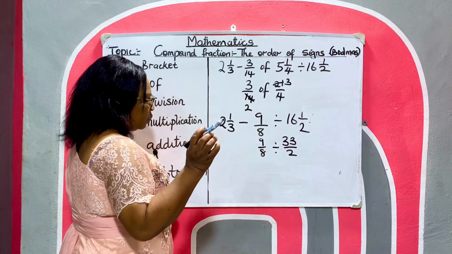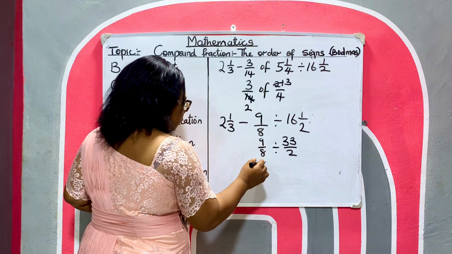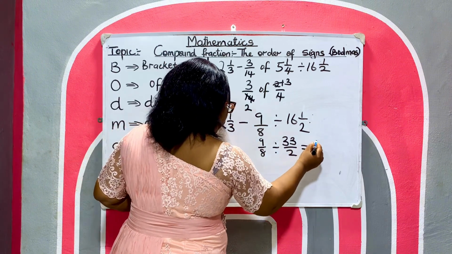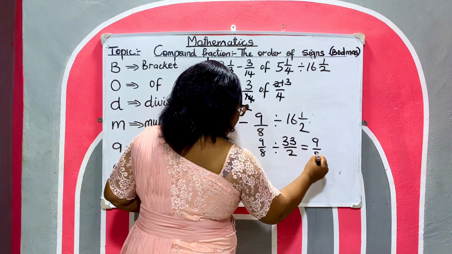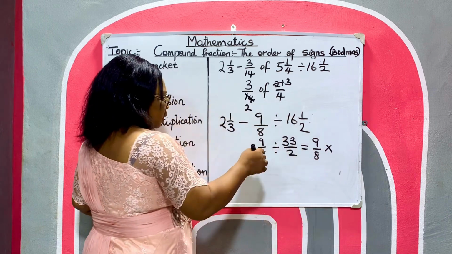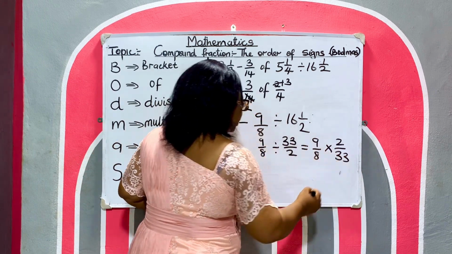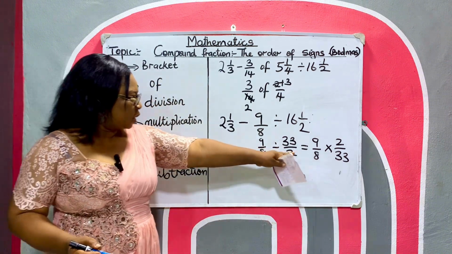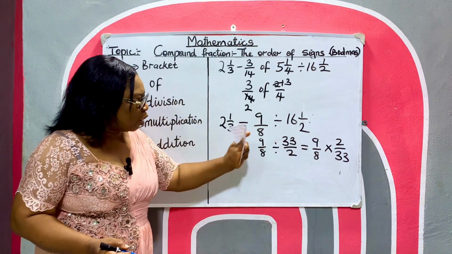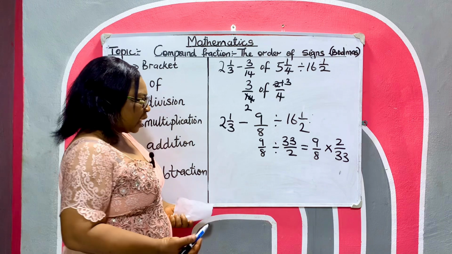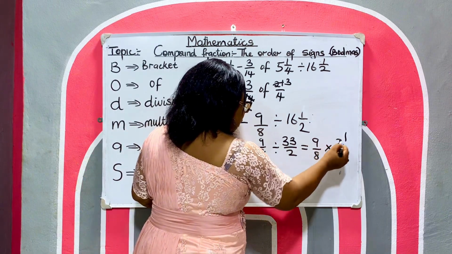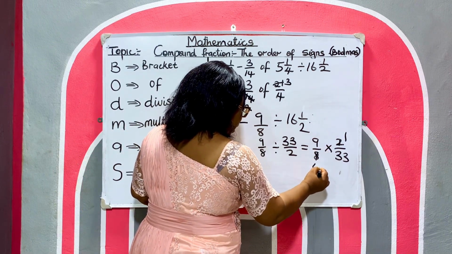Remember, we are going to turn. So when we turn, we have 9 over 8 times, you turn this, 2 over 33. So at this point, you look for what to divide up and divide down. I can see that 2 can divide itself and can divide this. We have 4.